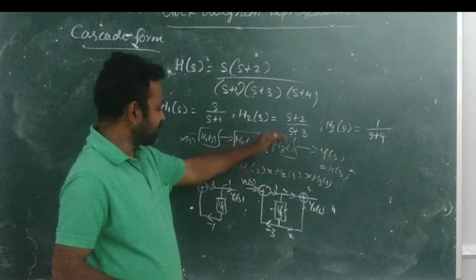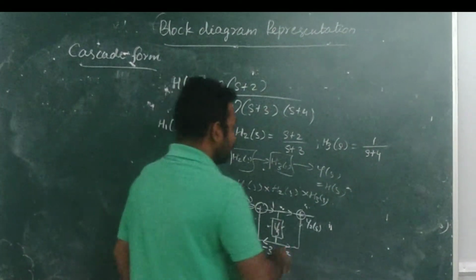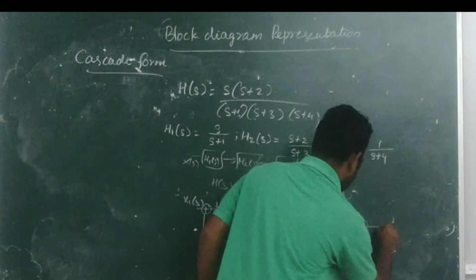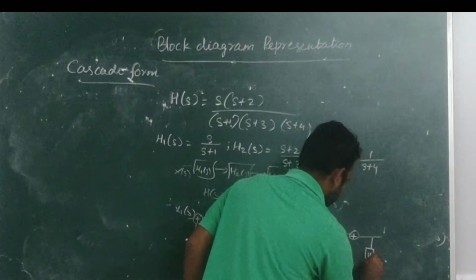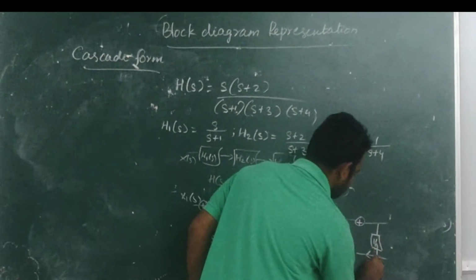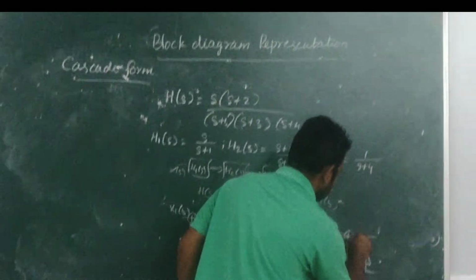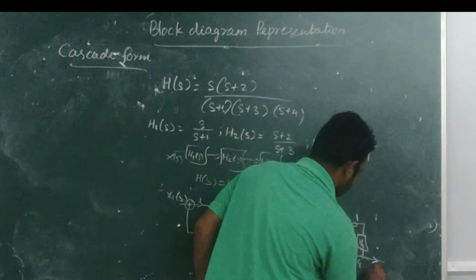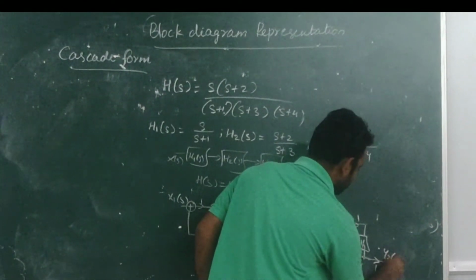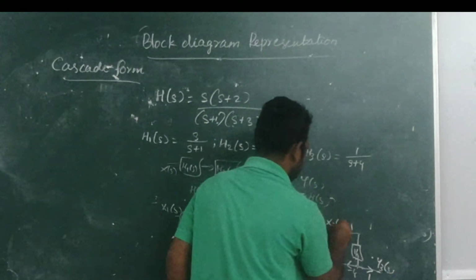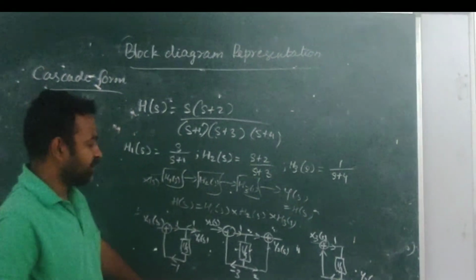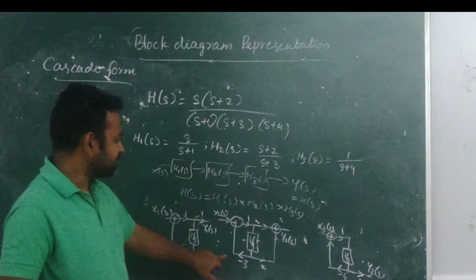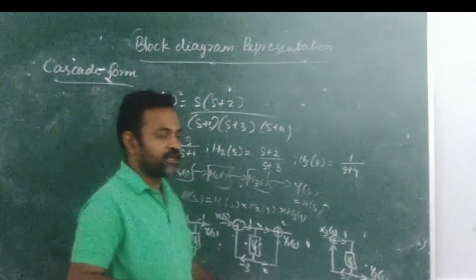So this is the realization of the second system. Now consider the third one. It is minus 4, 1. y3 of s, and this is x3 of s. So likewise, we realized using direct form 2 realization h1 of s, h2 of s and h3 of s.